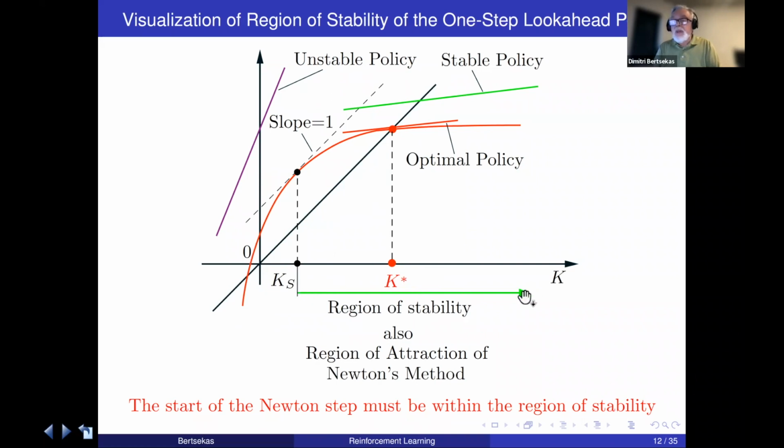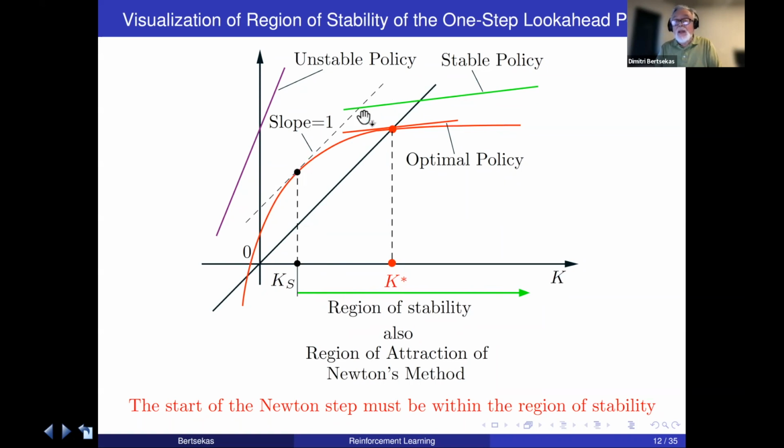So there's a certain region of stability that's very important in control theory. The region of stability relates to the K tildes, the terminal cost approximations that lead to a stable one-step look-ahead policy. And they are in this green region here, demarcated at one end by the point where the slope of the red curve is 1, okay?